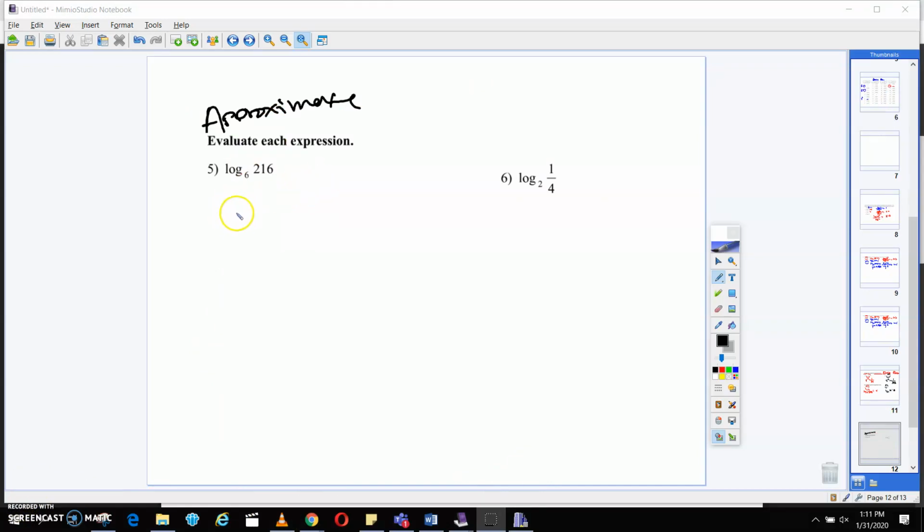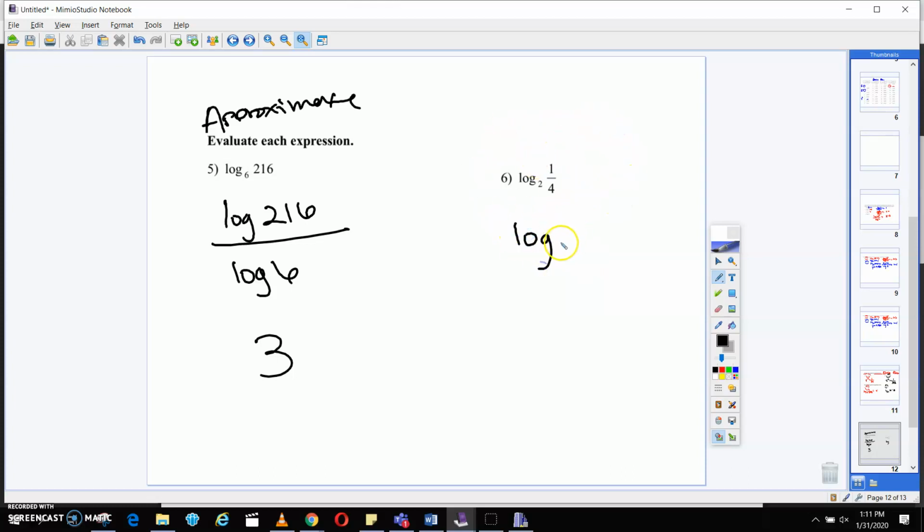You're going to put this in your graphing calculator. You're going to say log of 216 divided by log of 6. When you put that in your calculator, you're going to get 3. Boom, done. You take this, you put it in your calculator by putting log of 1/4 divided by log of 2. That's going to give you negative 2. Boom, done. Okay?